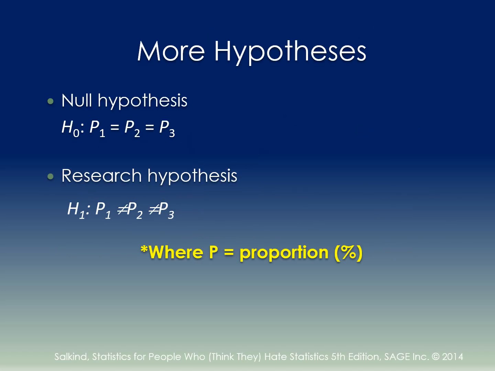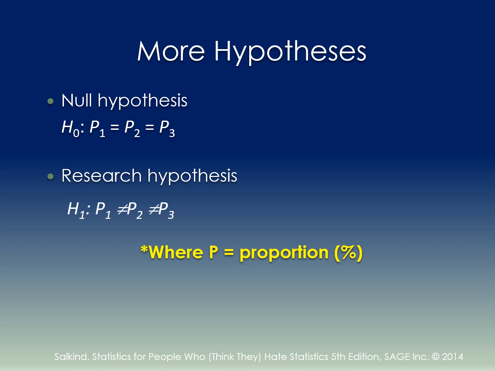We see this here when we take a look at the research hypotheses and the null hypotheses. The pattern is very similar to what we've been doing before with one-way analysis of variance, except that we don't see means. Instead, we see the capital P here, and P stands for proportion or percent.